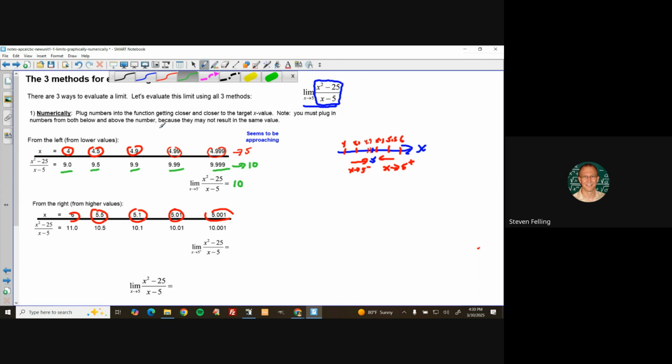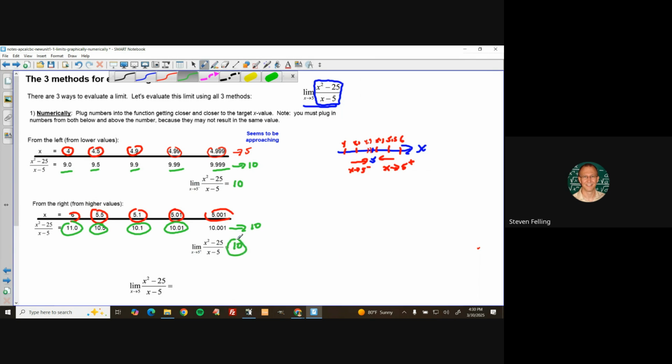If you plug those numbers in, you get these numbers, 11, 10.5, 10.1, 10.01, these numbers are also approaching 10. So we would say the limit as x approaches 5 from the left is equal to 10. The limit as x approaches 5 from the right is also equal to 10.